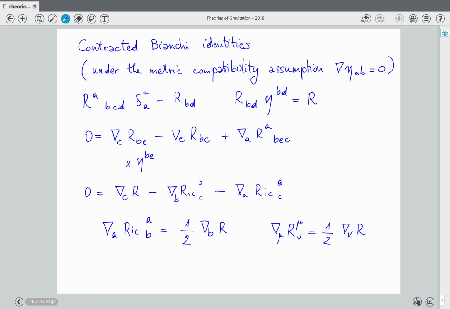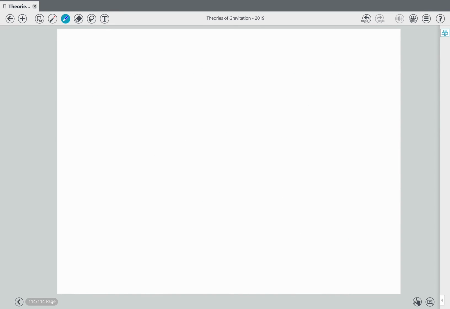So scalars and vectors are easy. Let's start from scalars. A scalar field is a function on the manifold with real or complex values. Let's consider real values for simplicity.